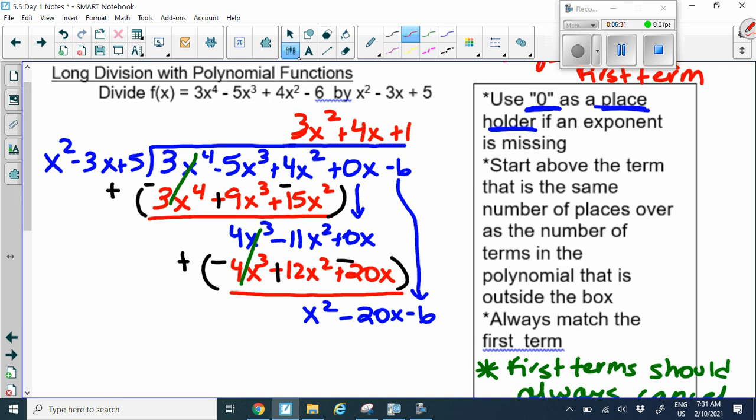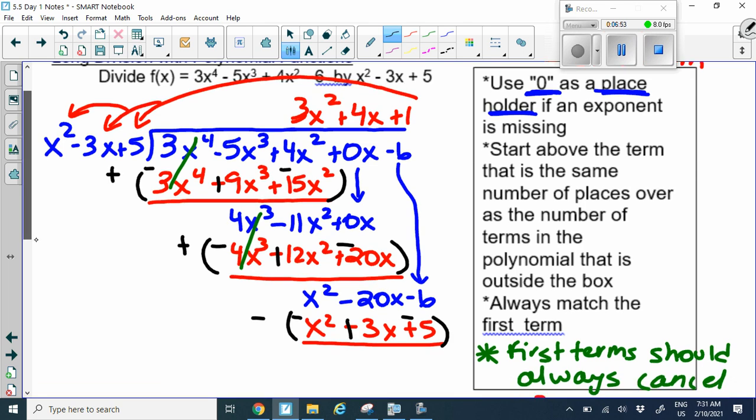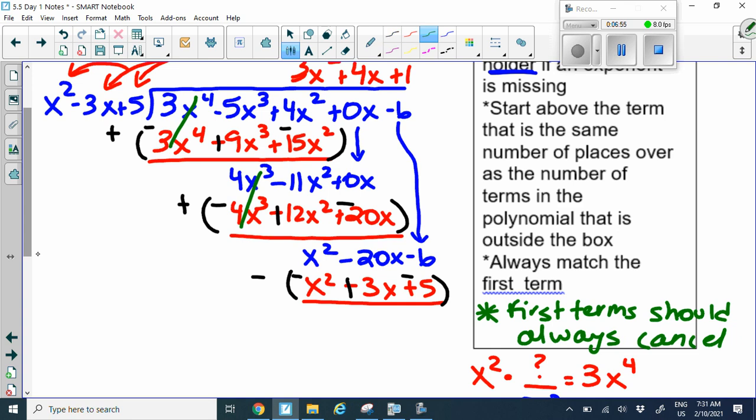Now I'm going to take my 1 and multiply it by x squared, negative 3x, and 5. So I get x squared minus 3x plus 5. That makes it nice and easy. Now I need to subtract, and so that changes all my signs. So I have a negative x squared plus 3x and a minus 5. Now my first two terms cancel out. Negative 20x plus 3x gives me negative 17x. And then negative 6 minus 5 gives me negative 11.